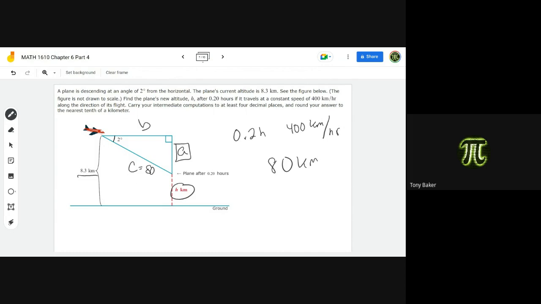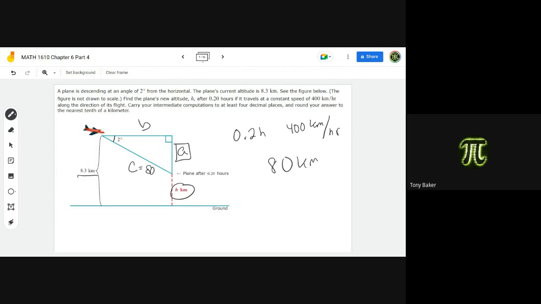Okay. If it said the linear distance that it traveled, then it would be B. So it's a matter of what it's telling you. In this case, it's telling you it's traveling at 400 kilometers an hour, so it's going to be whatever path the plane is taking, which is that diagonal path. So that's C. So we've got A and C for this one. C is my what?